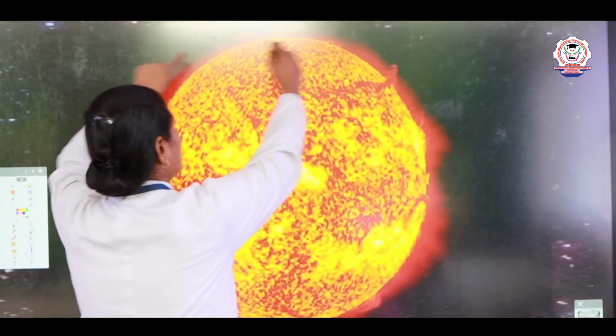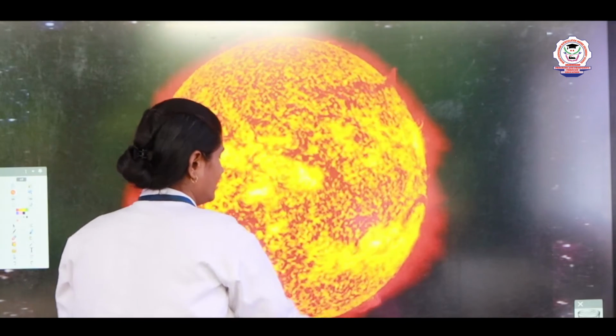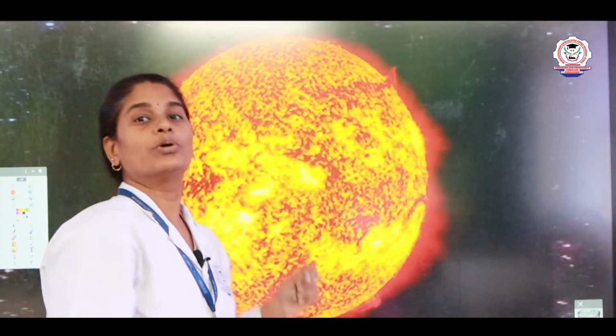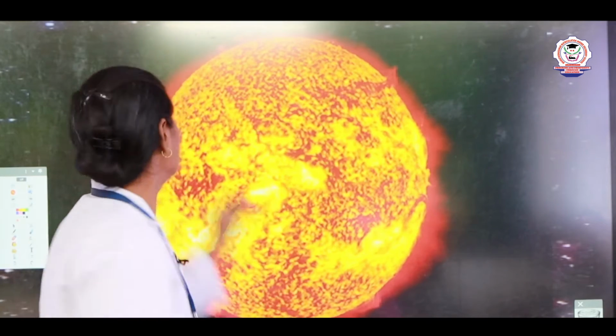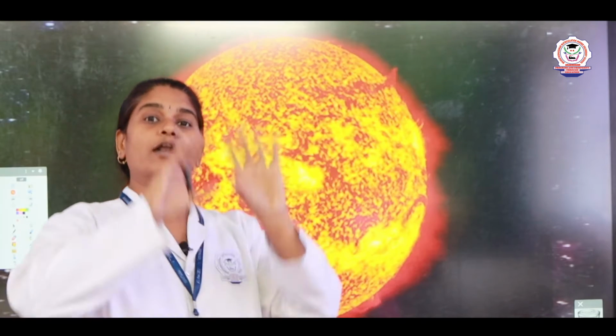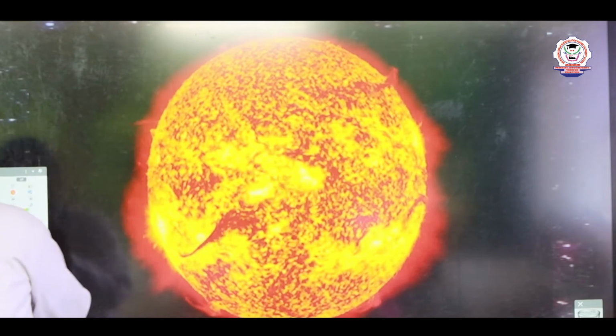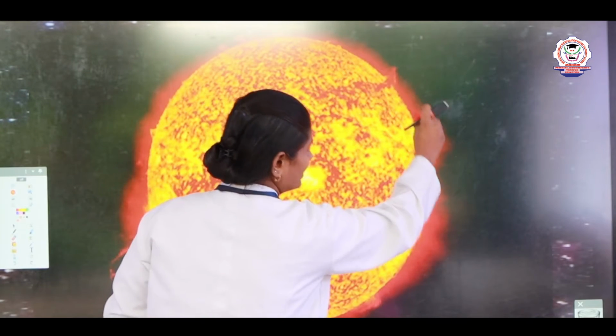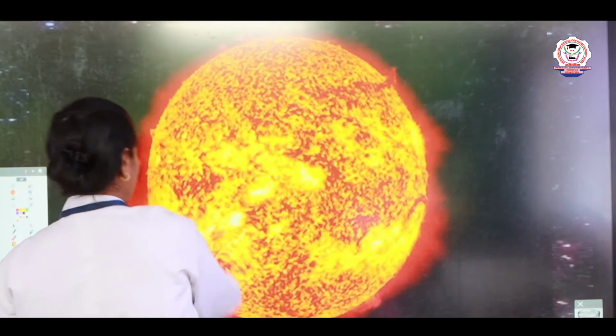The outer layer of the sun, the thin layer of air that surrounds it, is known as corona. You can see this orangish layer.